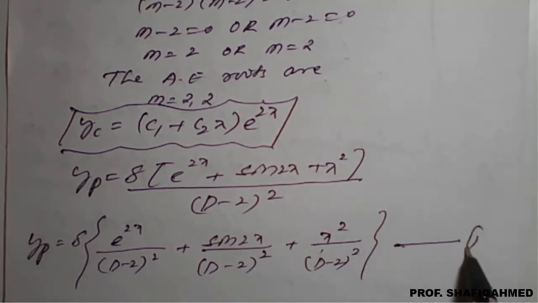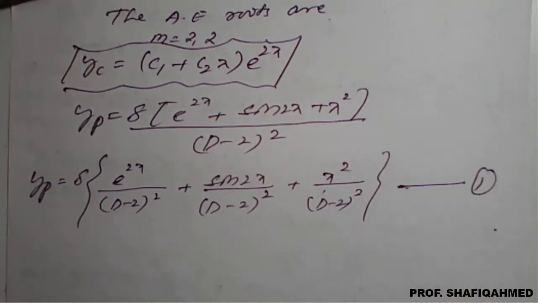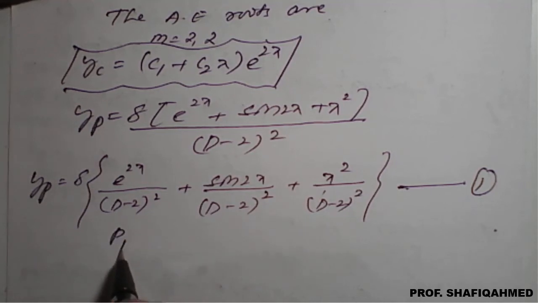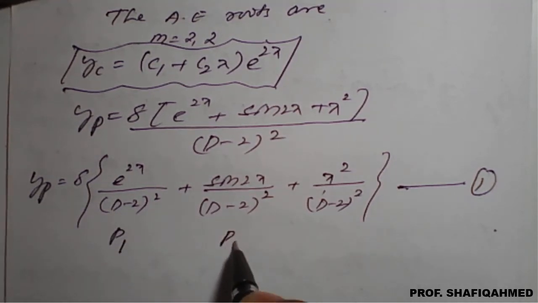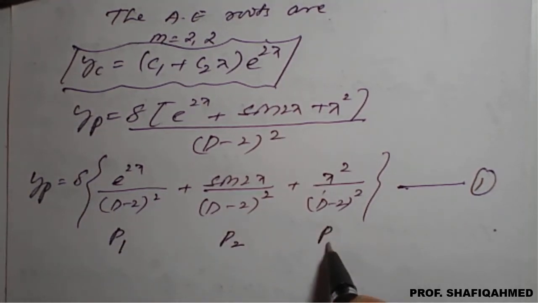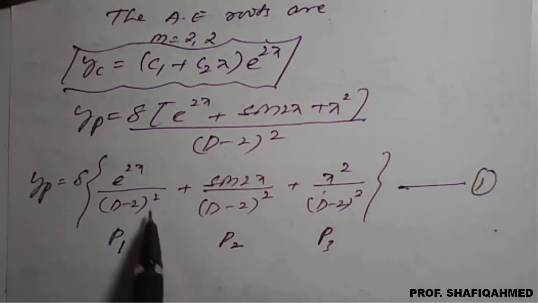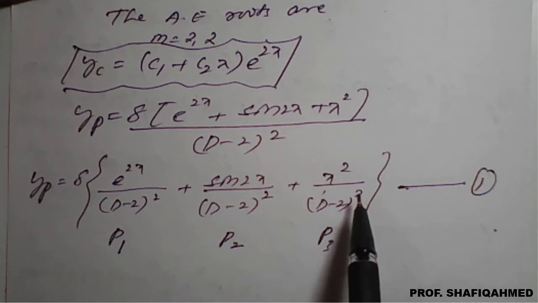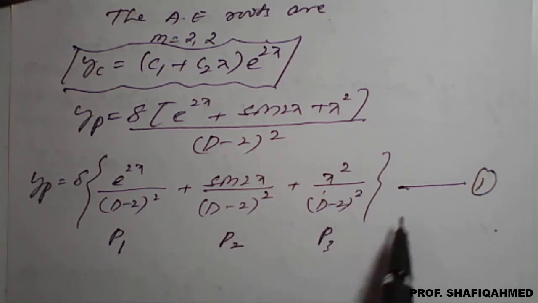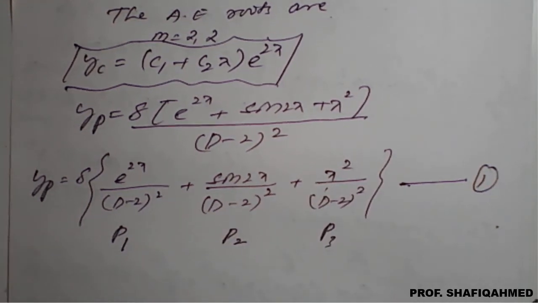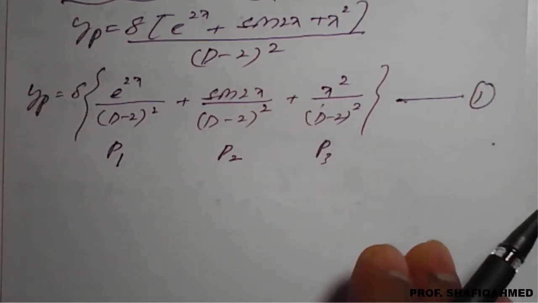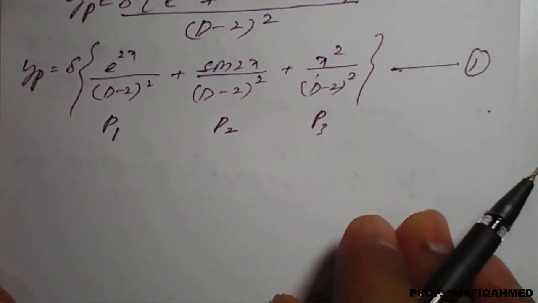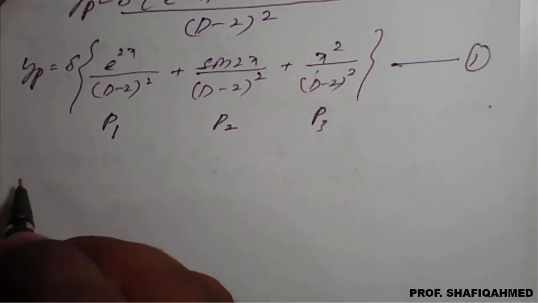I will give this equation number 1 and simultaneously particular integral 1, particular integral 2 and particular integral 3. First we solve P1, then P2, then P3, then apply all of P1, P2, P3 in equation number 1 to conclude yp, and from that yp we'll go for the general solution. So let's see P1 now.